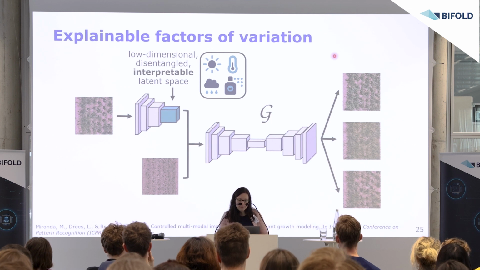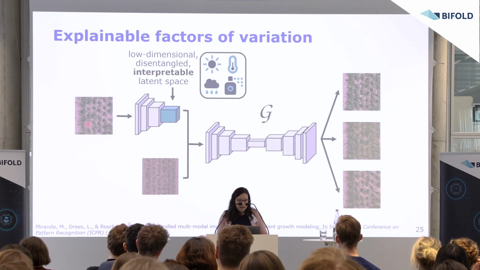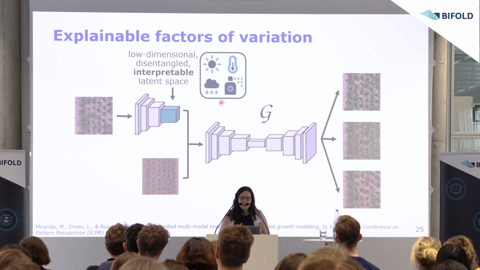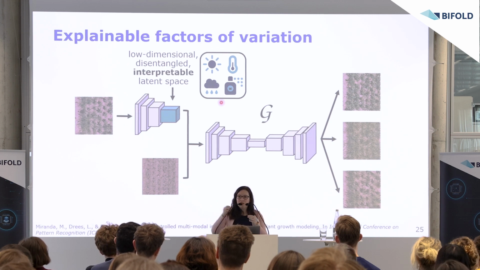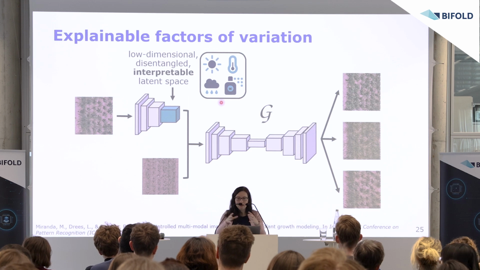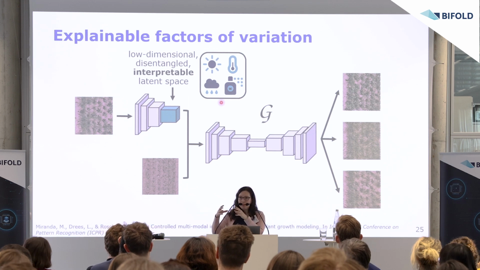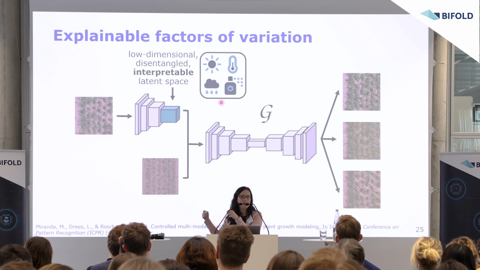So here is our generator, and the model is based on an early growth stage and a later growth stage. And we have a low-dimensional, disentangled, interpretable latent space. We started from our factors of variation, so the seed number, which was just a table of numbers. We embedded it into a feature space, where one dimension is related to the biomass and another dimension is related to the seed number.